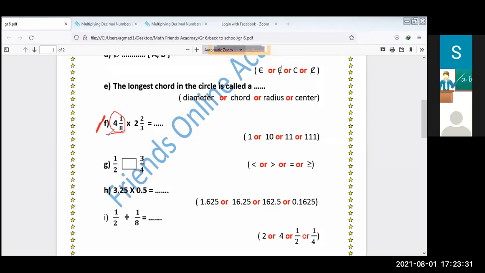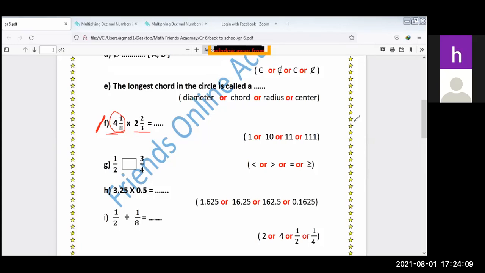So we have now a mixed number multiplied by another mixed number. How can we make it? First, we should translate the mixed number to an improper fraction. We will convert this mixed number to something called an improper fraction. What is the difference between improper fraction and proper fraction?